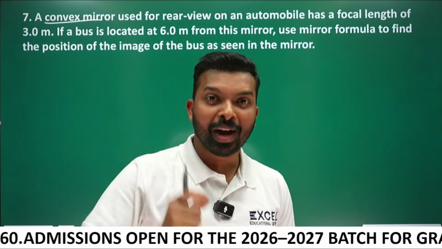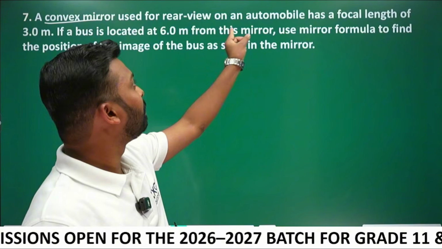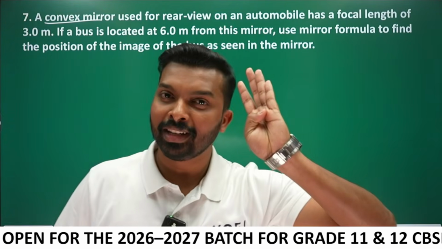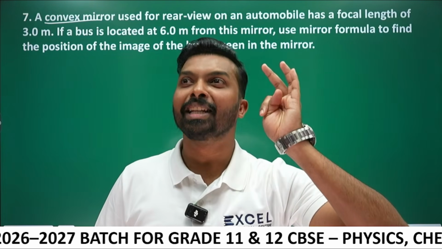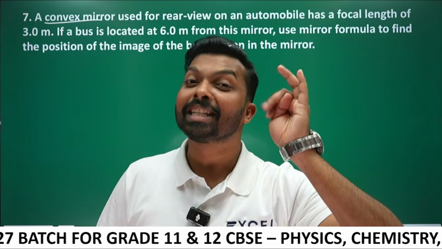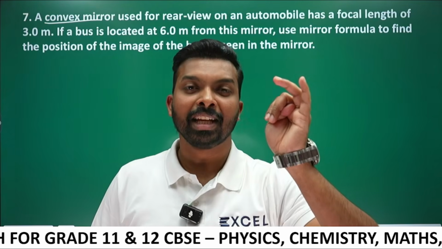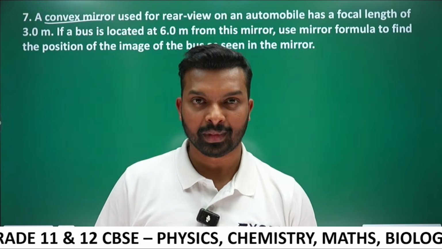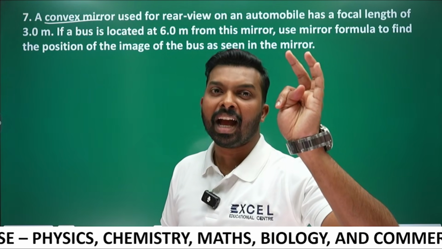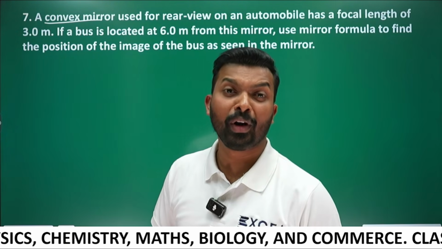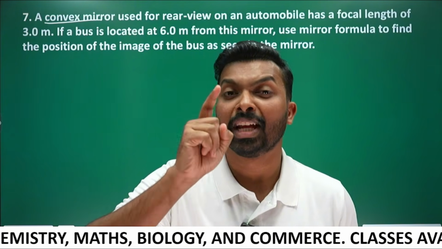Convex mirror: the automobile rear view mirror, the junction mirror or the parking lot mirror, and the side view mirror. All 3 of these are convex mirrors. Okay or not? And dentist mirror, makeup mirror, and shaving mirror are basically concave mirrors, where the object is kept between F and P.